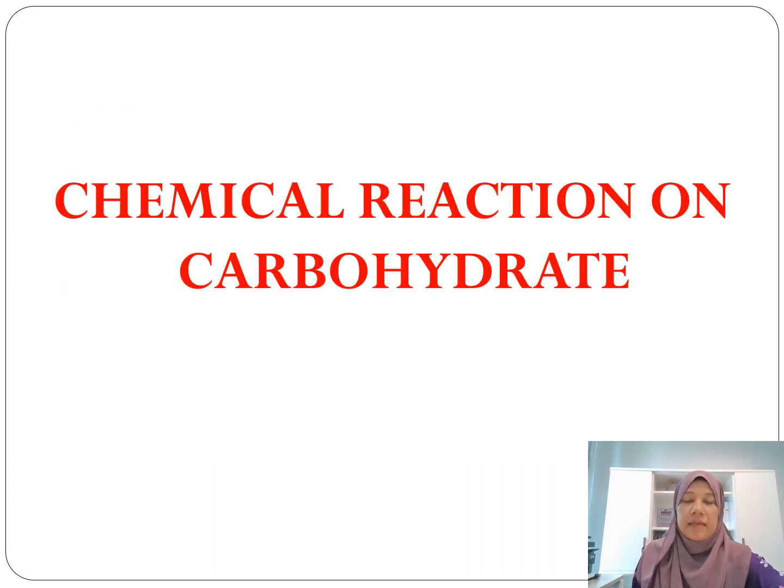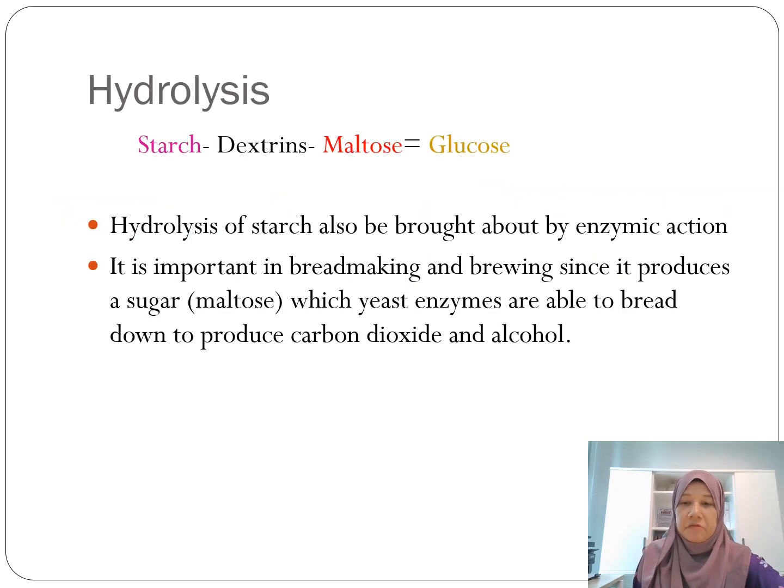Next, we look at the chemical reactions of carbohydrates. There are a few reactions that occur for carbohydrates. From the starch form, there's a hydrolysis process, whereby the starch will be converted to dextrin.